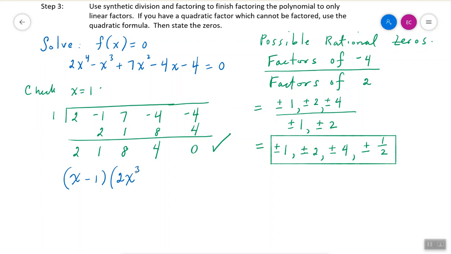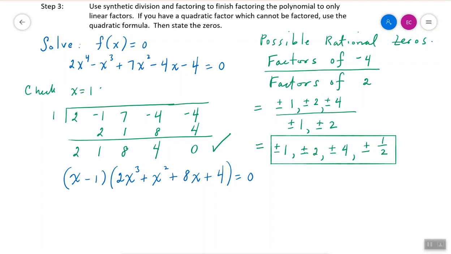So we'll have 2x cubed plus 1x squared plus 8x plus 4 is equal to 0. And again, you could always multiply these out and verify that it really does equal the polynomial up above. Okay, so this looks real good.